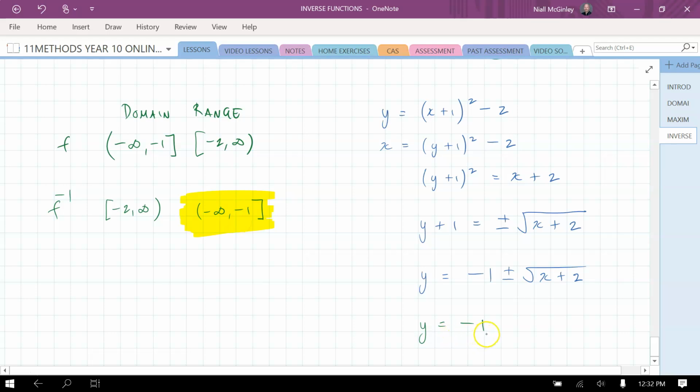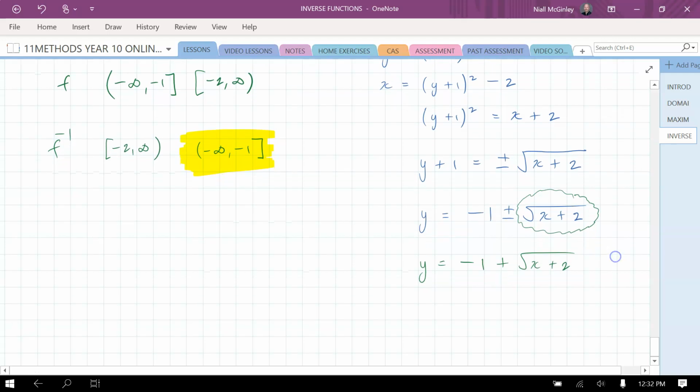Now these values are all going to be either 0 or positive values when you take the square root. So do you do minus 1 plus certain values, or would you do minus 1 minus these values?